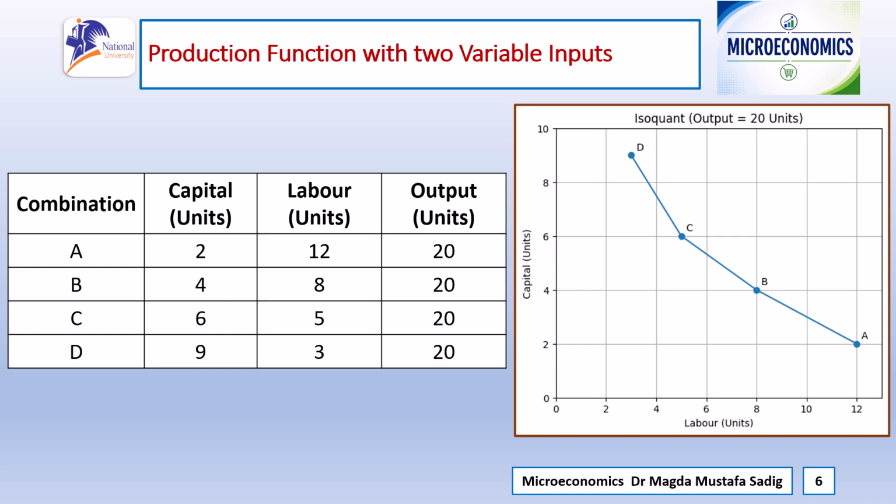When we plot these combinations on a graph, we place labor on the x-axis and we place machinery or capital on the y-axis. Each point represents one production combination. When we connect all these points, they form an isoquant curve.